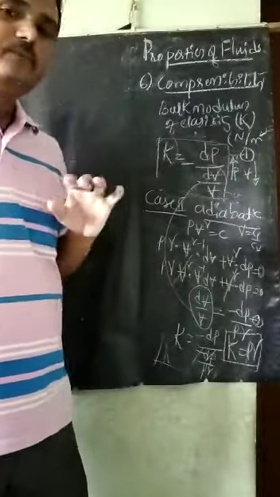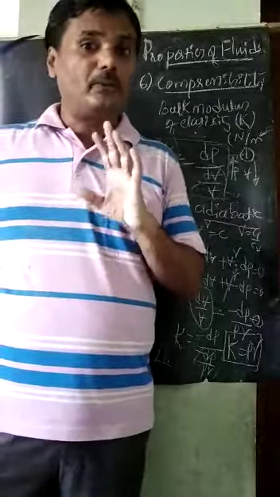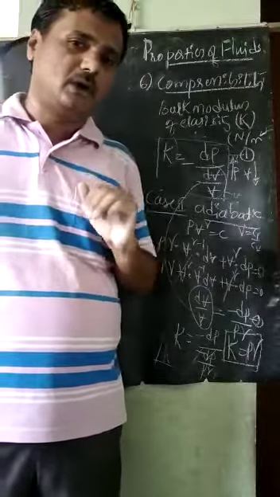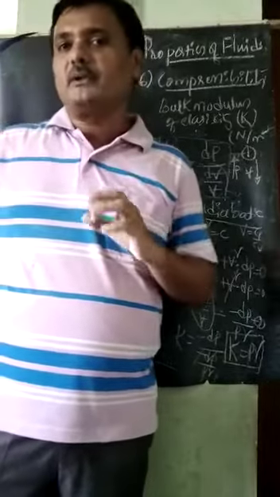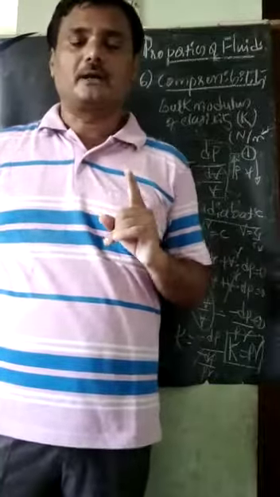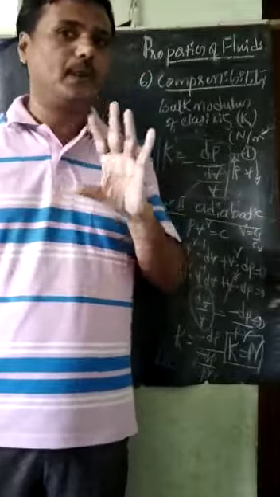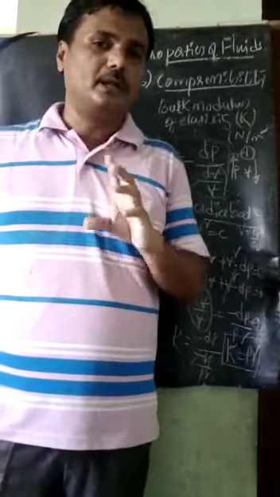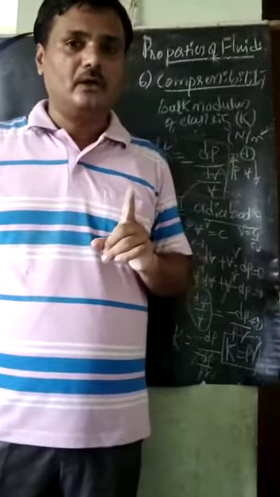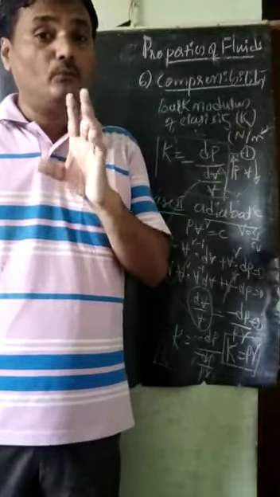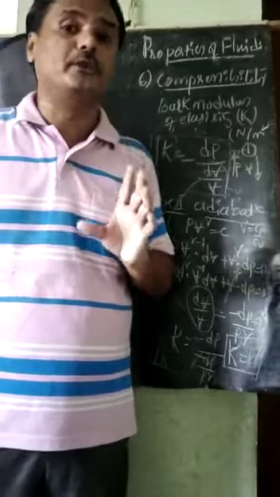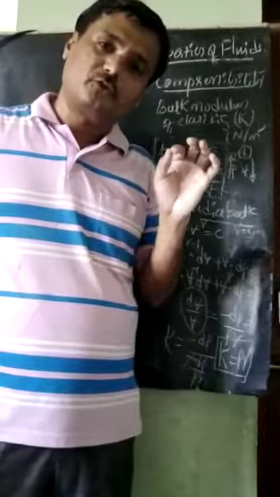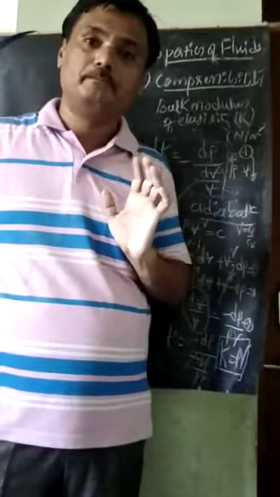This is about the property compressibility. But the only thing we can see here is when to consider the compressibility property or effect, it is very important. Usually this compressibility property will be considered when the fluid is moving with supersonic speeds, or else a body is moving with supersonic speed in a static fluid.